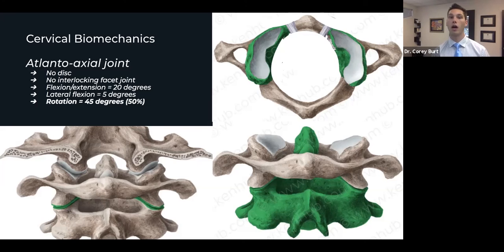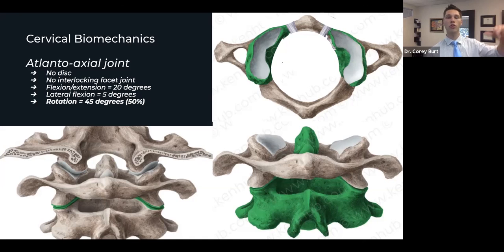With increased mobility also comes vulnerability. This is why the place where the head meets the neck is the most susceptible to injury and misalignment, so we want to accurately assess and treat this area when it is injured. It's very similar to the shoulder joint.